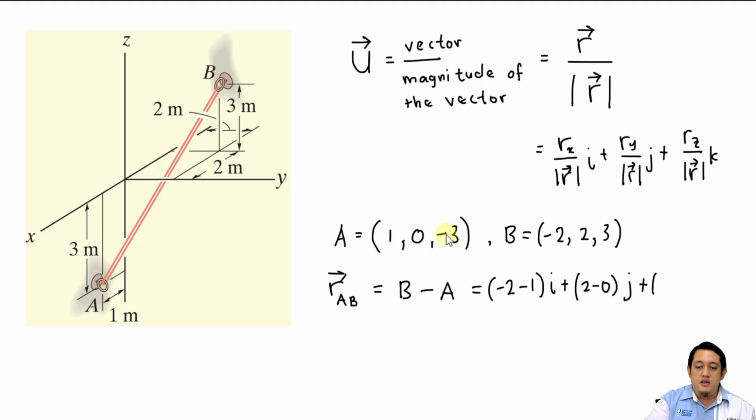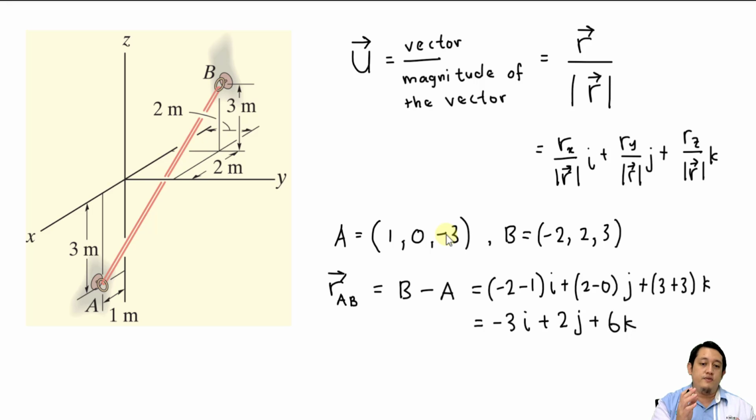So it will be positive 3. This one is K. Therefore, the direction from A to B is negative 3I plus 2J plus 6K. Okay. So this is the correct answer.